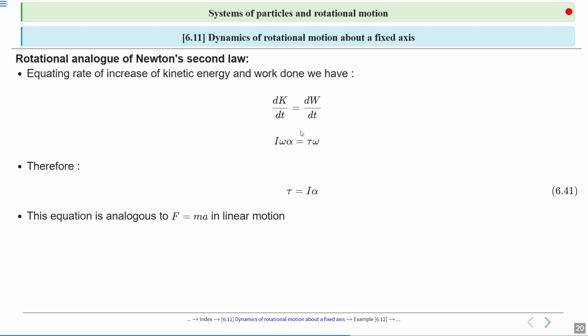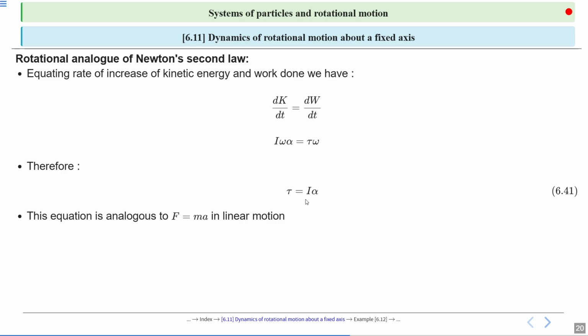This equation is analogous to force F is equal to ma in linear motion. In Newton's second law in linear motion, we know force is equal to mass into acceleration. But in rotational motion, tau is equal to I alpha. I is the moment of inertia in rotational motion, whereas in translational motion, m is mass.